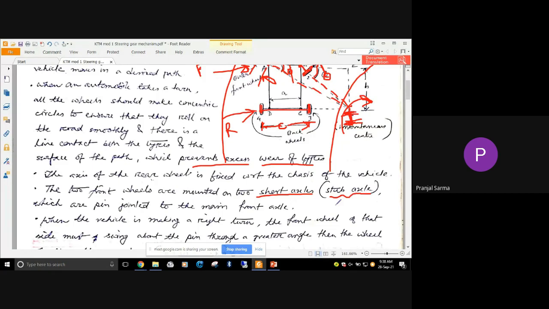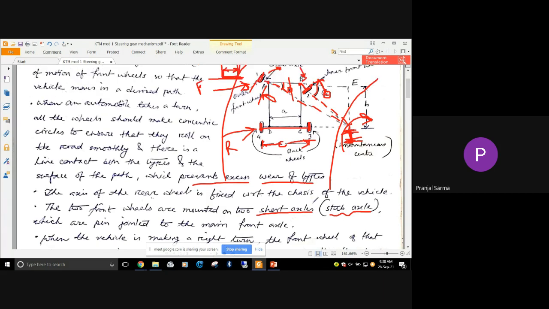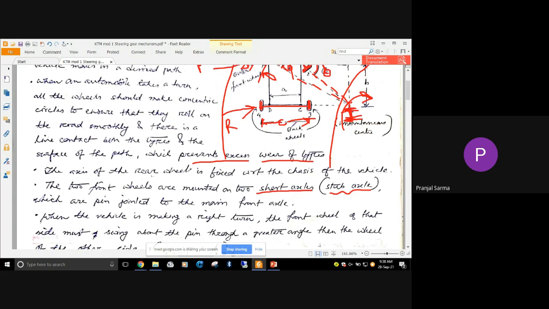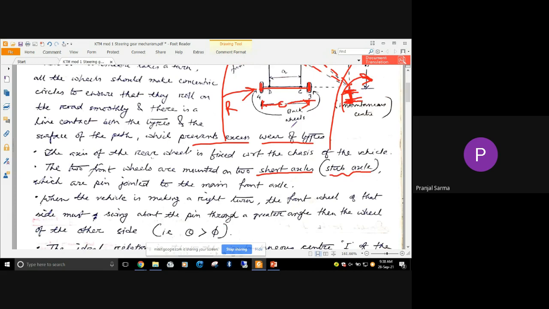Sometimes it is asked what is the usefulness of the stub axle, why it is required. Then you should be able to say that both the wheels should rotate by different angles for correct steering, and for that to happen we have pin joints here. This is one stub axle, pin jointed here, and this is another stub axle. So two short axles known as stub axles are pin jointed to the chassis.